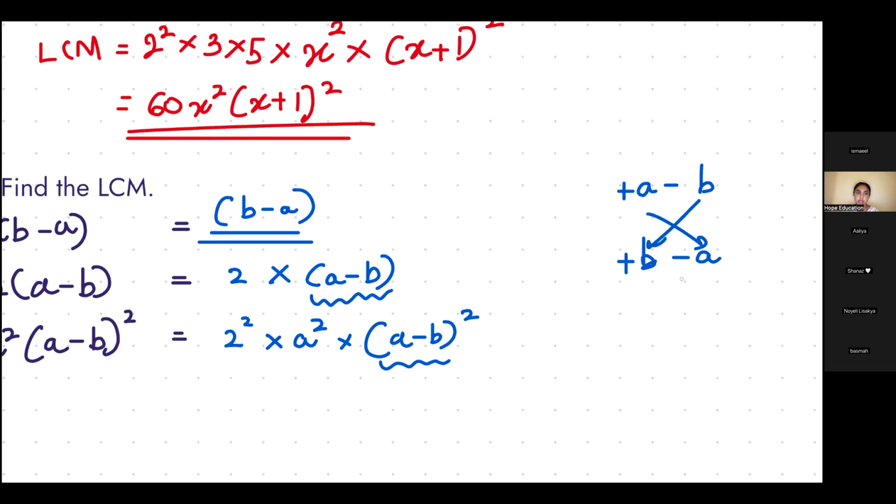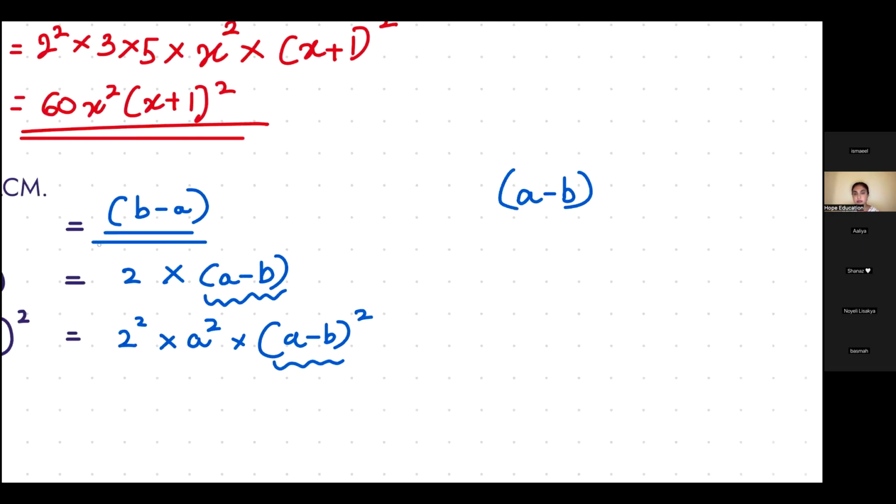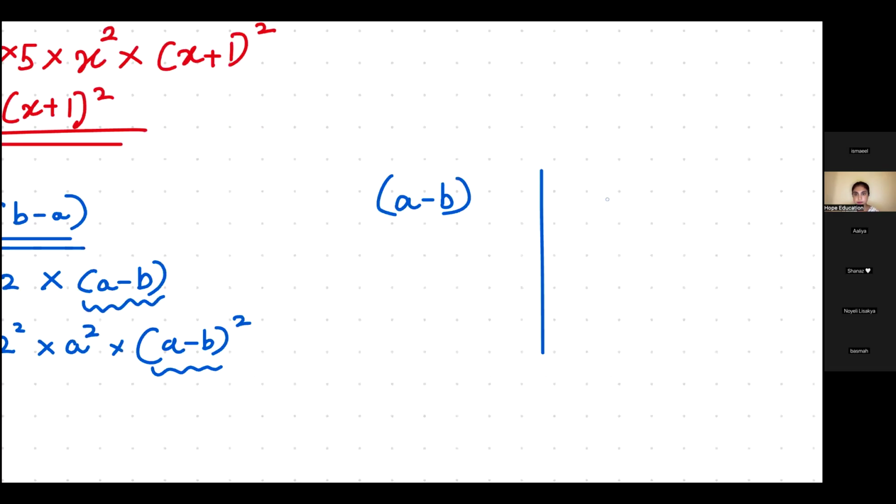Here in both instances we have a minus b, but only this one is b minus a. What do we do now? I can write b minus a as a minus b, but I have to multiply that by minus 1. Then minus times plus is minus, so we get minus a. Minus times minus is plus, so we get plus b.